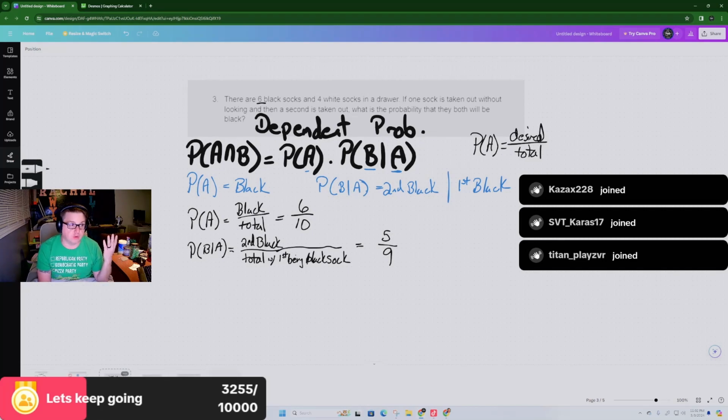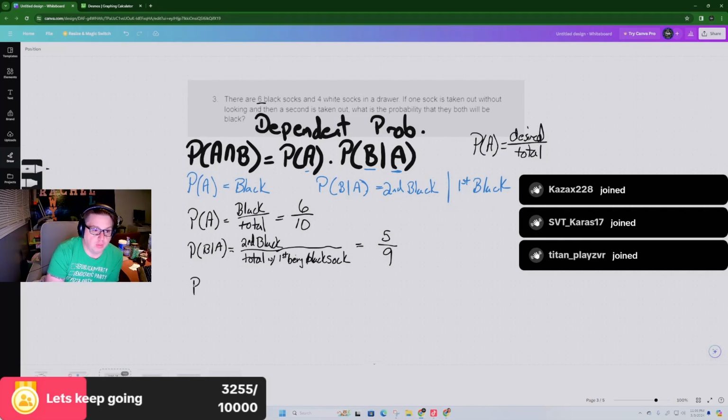Well, if I already ate the first one, my box is going to have one less in it. If I pull a card out of a deck and then I pull another card out of the deck, these are dependent things that are happening. So the total number of cards when I pull the first one is going to be different than the total number of cards when I pull the second one. That's why we need dependent probability, that's why it's important, because we are starting to change the total every time we do this.